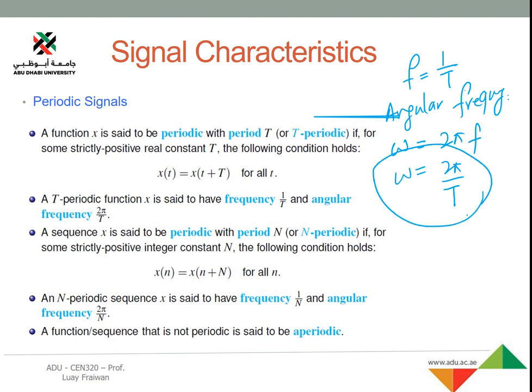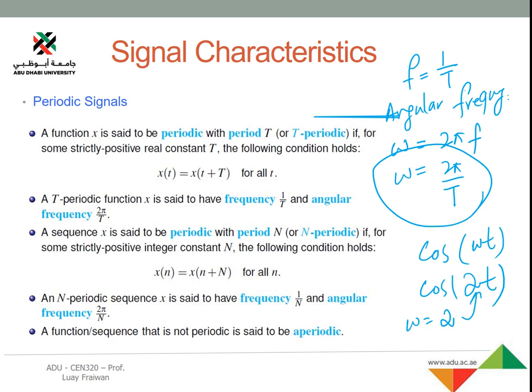Usually the cosine signal is in this form, cosine of omega t. Let's say, for example, cosine of 2t. In this case omega is 2.